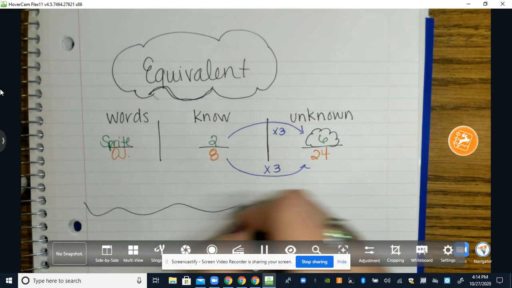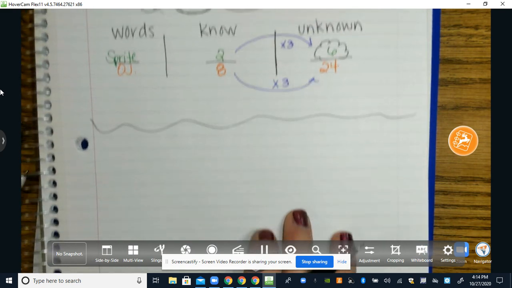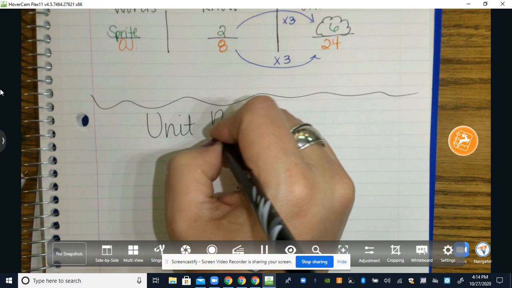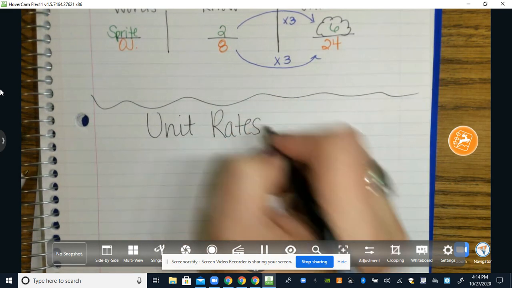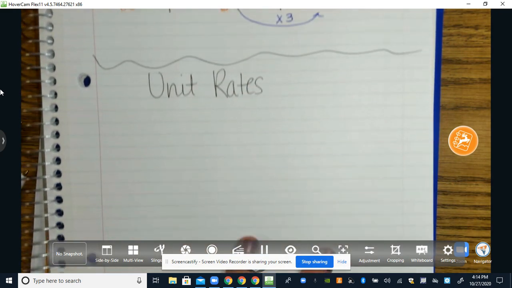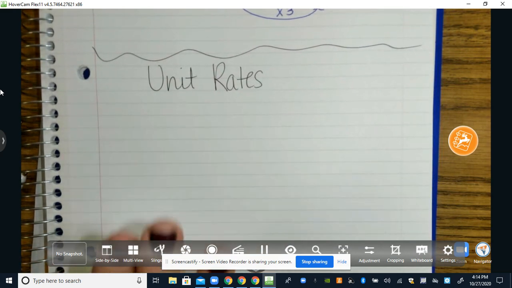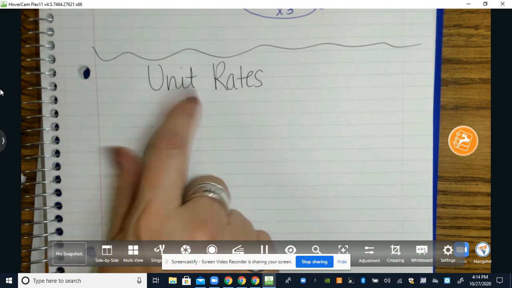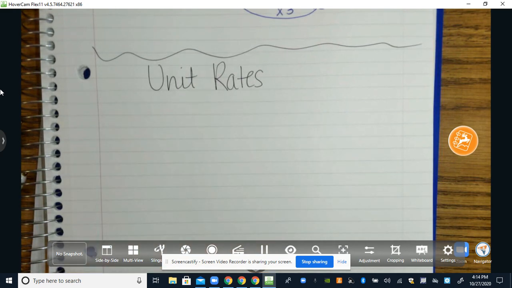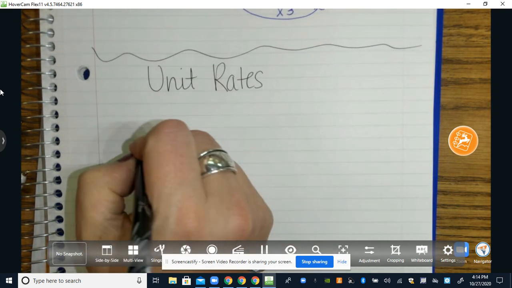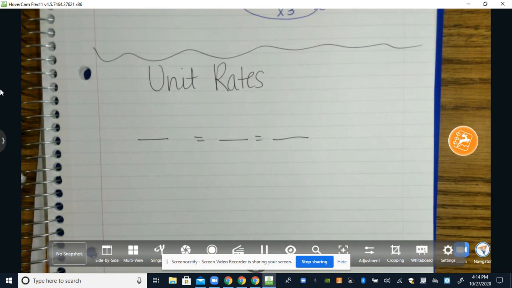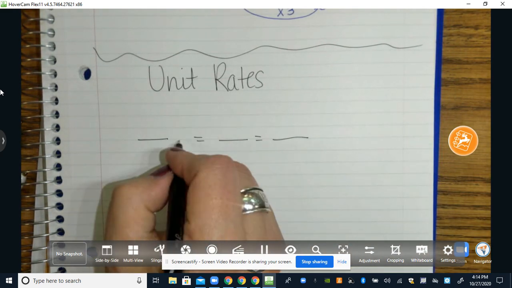Then the last one that we're going to do is unit rates. Unit rates will come in handy when we are working with converting measurements. It's kind of like the equivalence, but we're going to get it down to 1. So again, set up your 3 blank fractions that are equivalent to each other.